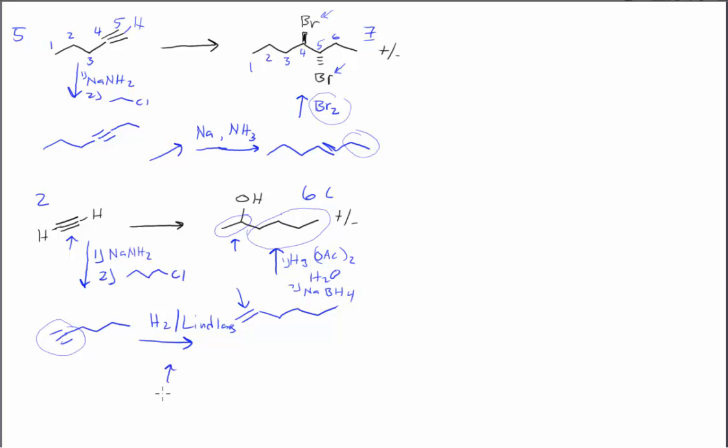Probably choose H2 and Lindlar's catalyst, to be honest with you. But again, here we have a nice 3-step sequence. We observed that we needed to add 4 carbons, and that there was a functional group on the 2-carbon, which could have come from one of these alkyne carbons. So the alkyne is used to add extra carbons, and then we retain the use of that functional group to manipulate it to get to our alcohol.